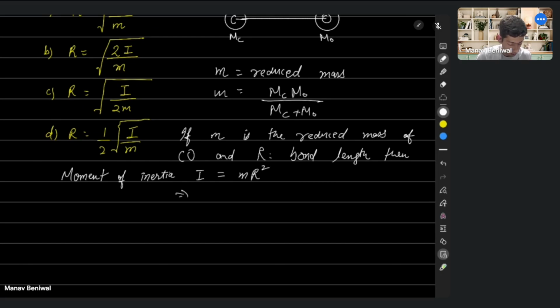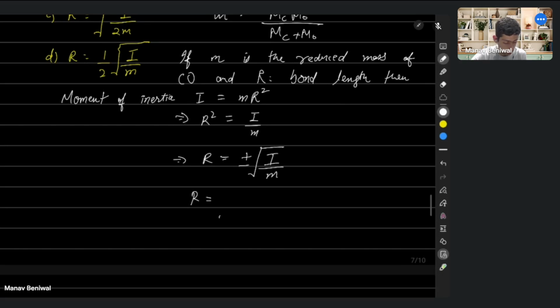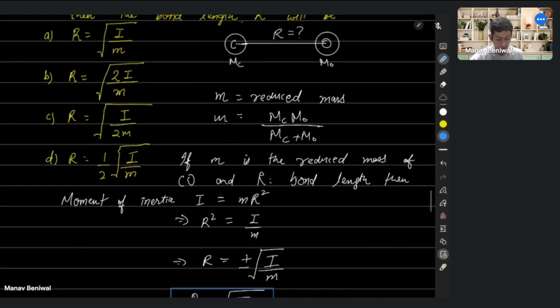Okay, so rearranging, we get R squared is I over M, or R is plus minus root of I over M, and because this is a distance, this is a length, therefore it cannot be negative. So finally R is equal to under root I over M. Option A.